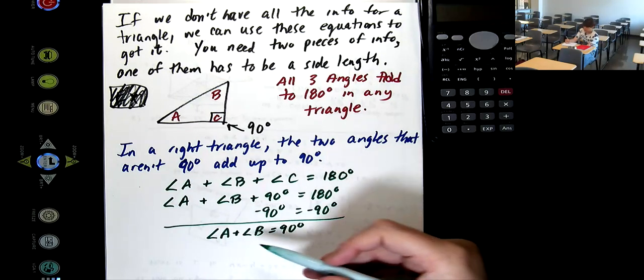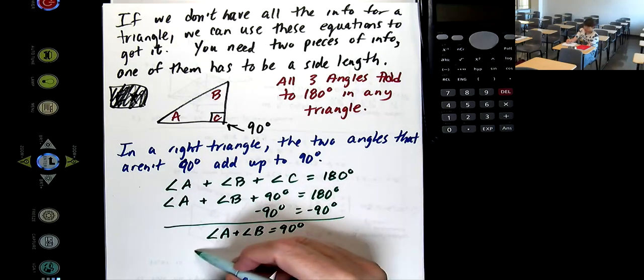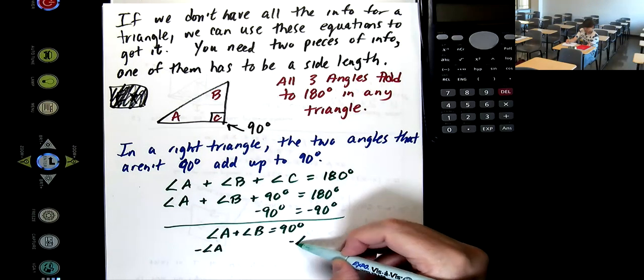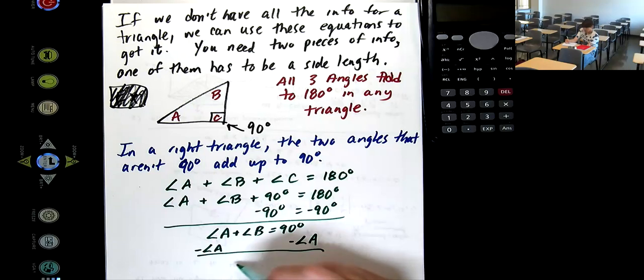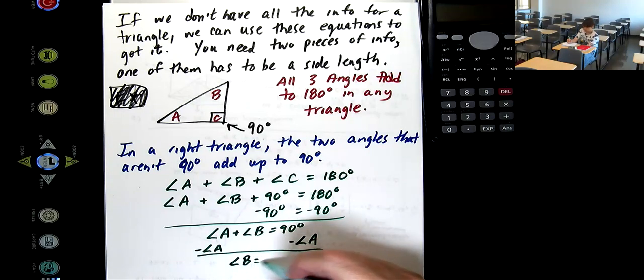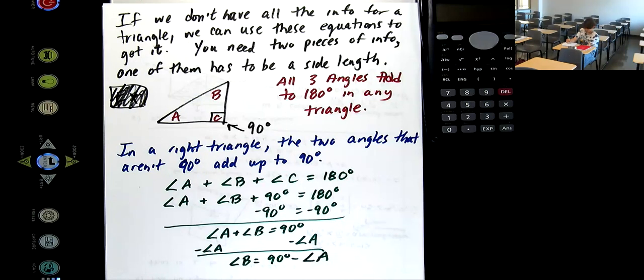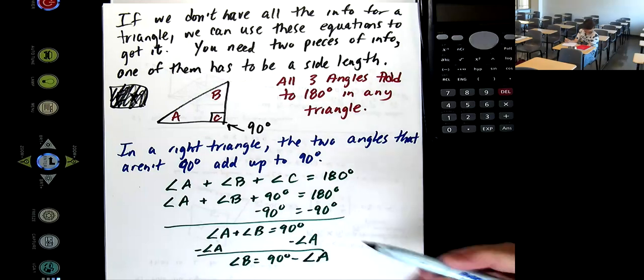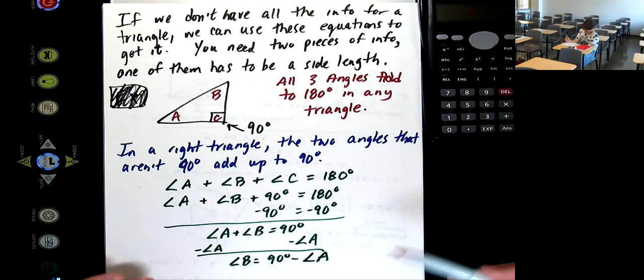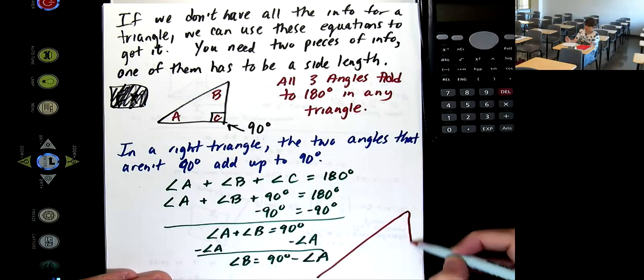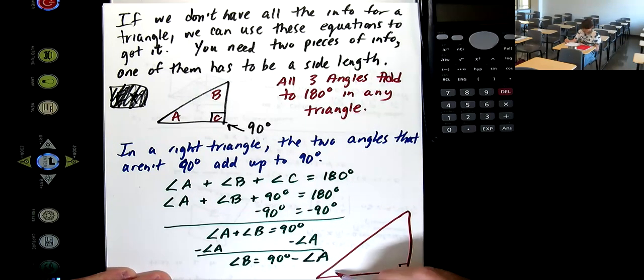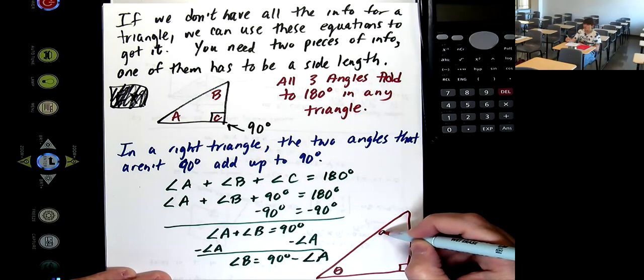If I don't know what B is, but I have angle A, I can subtract angle A from both sides here. And I can see I get angle B equals 90 degrees minus angle A. So in a triangle, if this is theta, this is 90 minus theta.